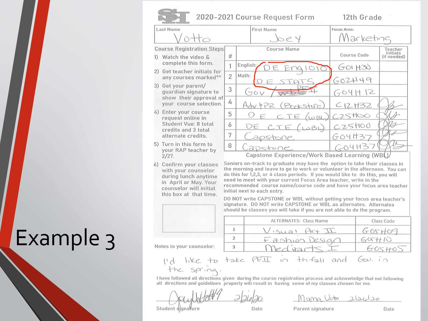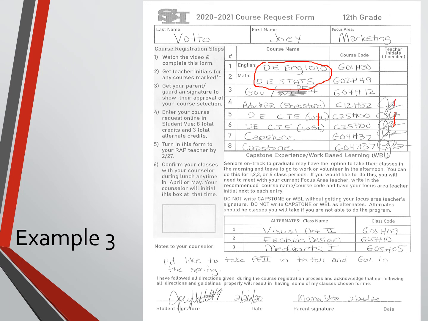Also, you'll notice that he requested work-based learning with his CTE focus teacher. And his teacher signed their initials here, giving permission to Joey to take those work-based learning courses. Also, any upper level CTE course, Joey has the signature of the teacher.